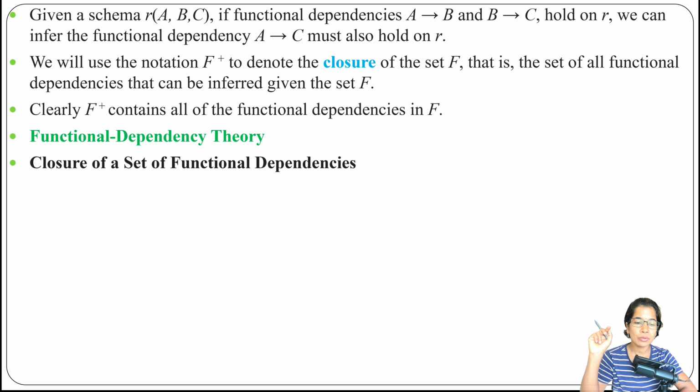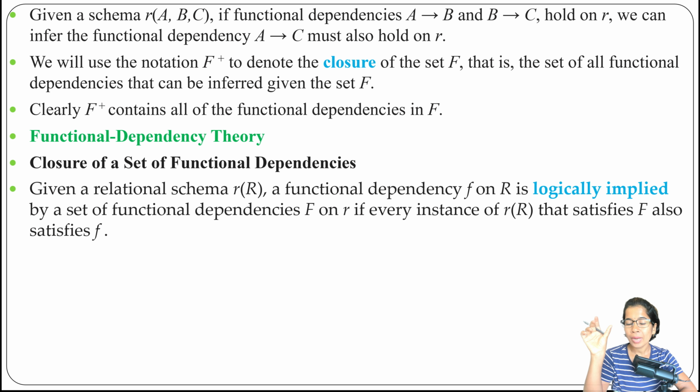Next I will discuss closure of a set of functional dependencies. Closure of functional dependency and closure of attribute are both different. First I will discuss closure of functional dependency, next closure of attribute. We have a set of functional dependencies, let F, then from that we can find some additional set of functional dependencies, let small f.